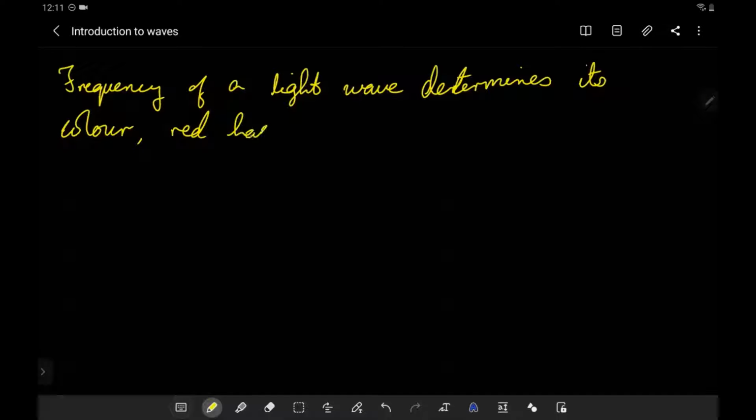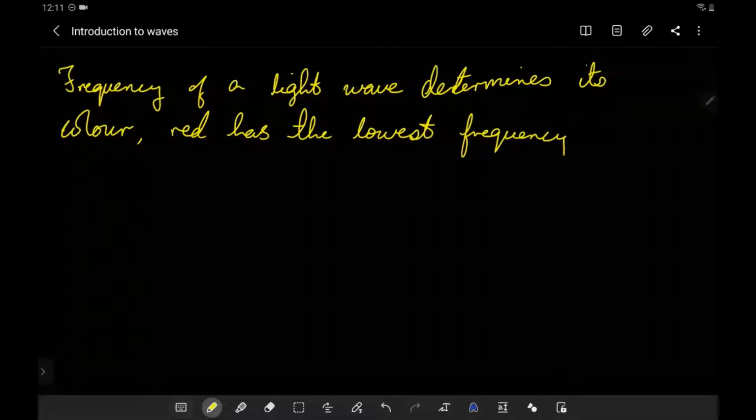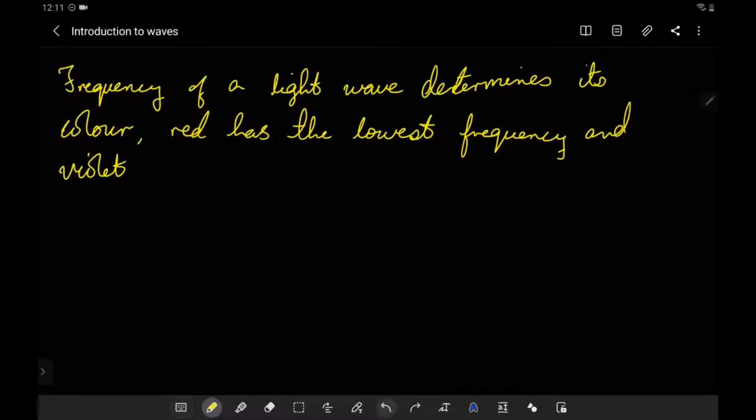has the lowest frequency and violet has the highest frequency.